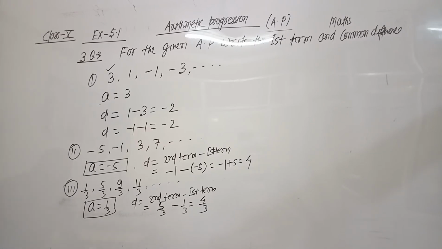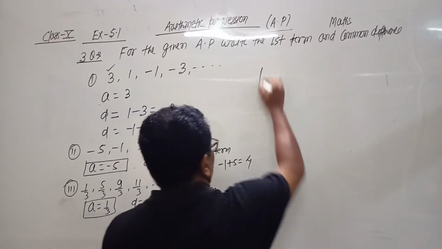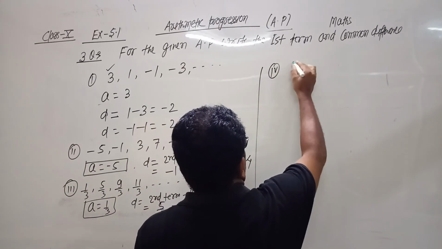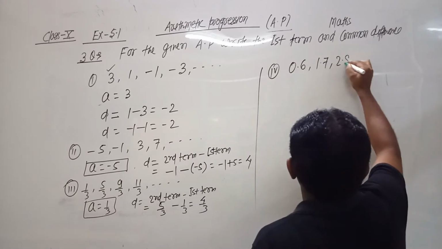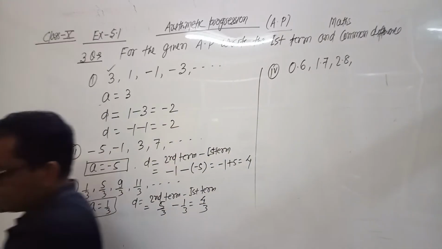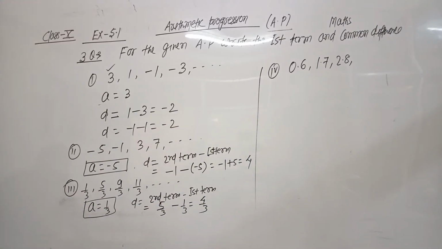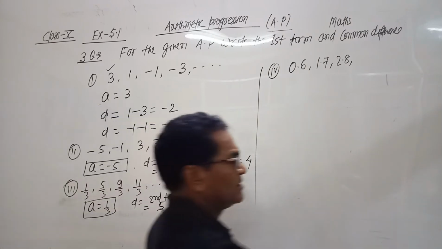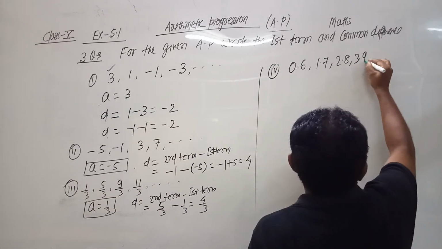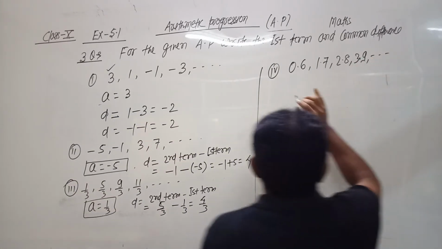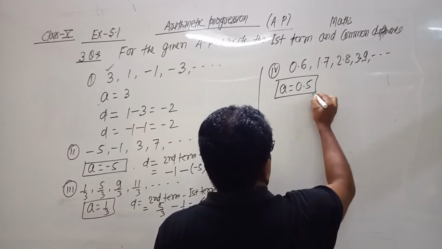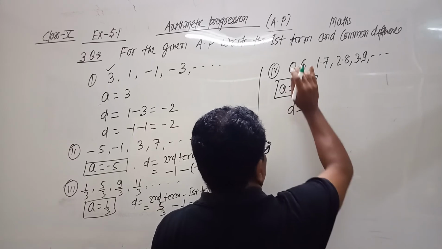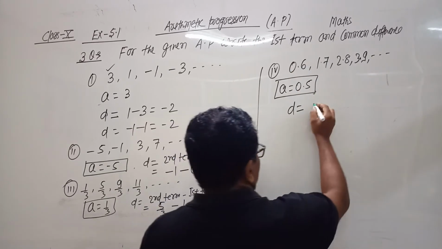The fourth part of this question: 0.6, 1.7, 2.8 and 3.9 and so on. So the first term A is 0.6, and the common difference is obtained by subtracting the first term from the second term.